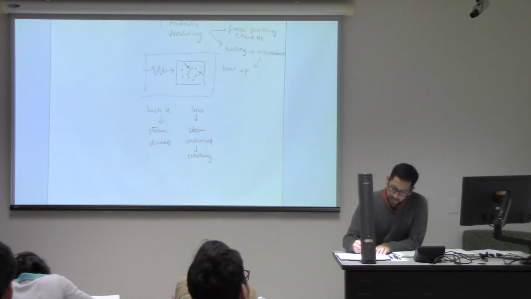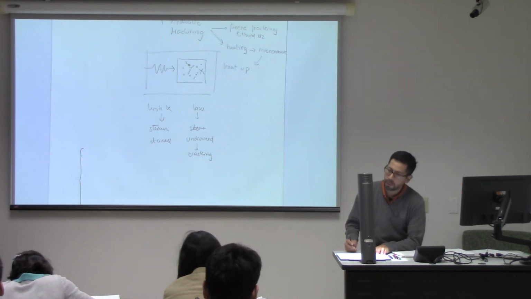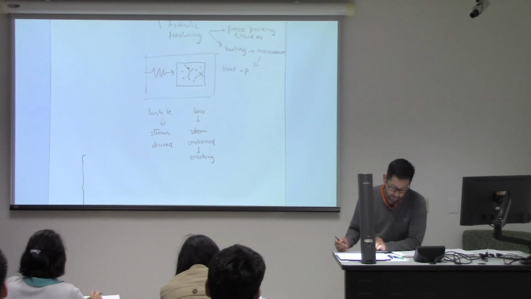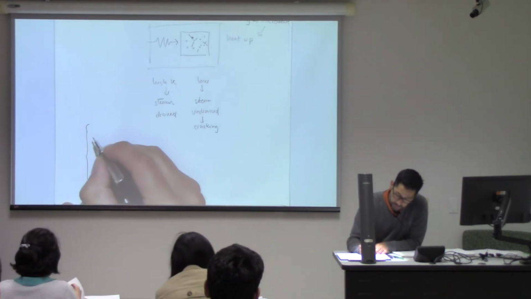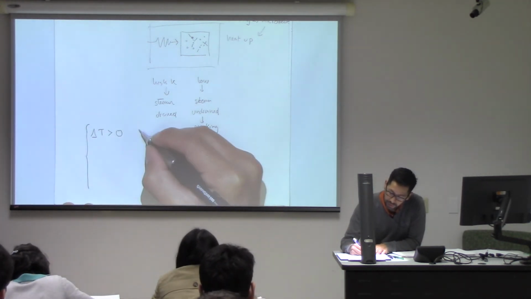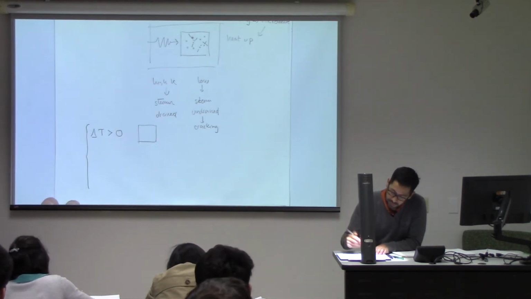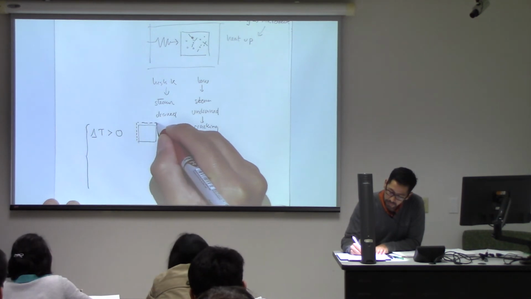First of all, let's try to consider this. I know this is something that you know, but I want to get into an agreement here on the signs that we're going to use. So if we increase the temperature of a solid, what are we going to have? We're going to have dilation, right?